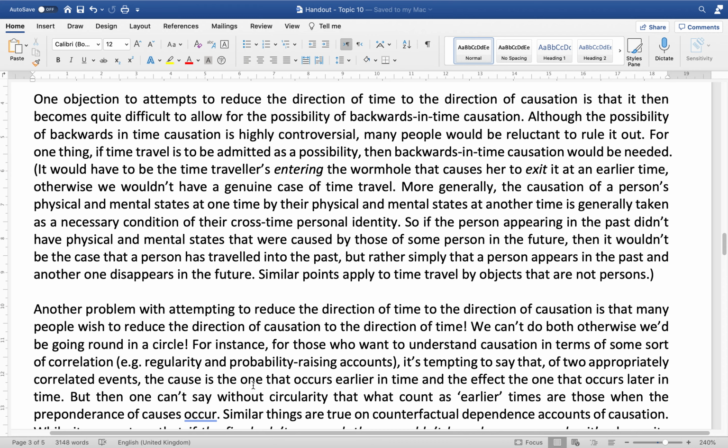Suppose there were localized wormholes that allowed causation to go in a direction contrary to the usual direction. That, I suppose, wouldn't prevent us from defining the direction of time as the direction in which the majority of causation occurs. Or indeed, you might say, well, the causation is just differently directed in these wormholes.